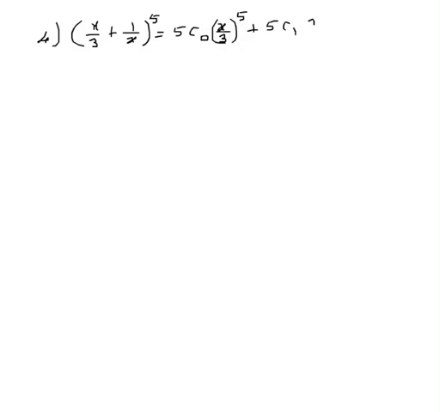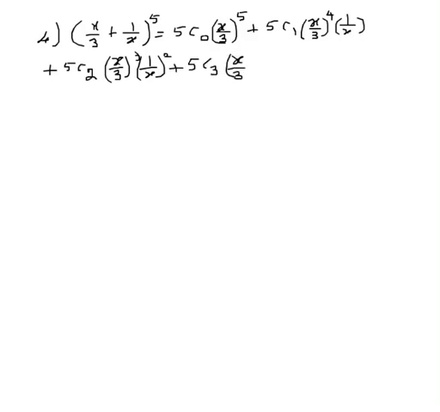Then plus 5c1 x over 3 whole raised to 4 times 1 over x, plus 5c2 x over 3 whole raised to 3 times 1 over x square, plus 5c3 x over 3 the whole square 1 over x the whole cube, plus 5c4 x over 3 times 1 over x the whole power 4.